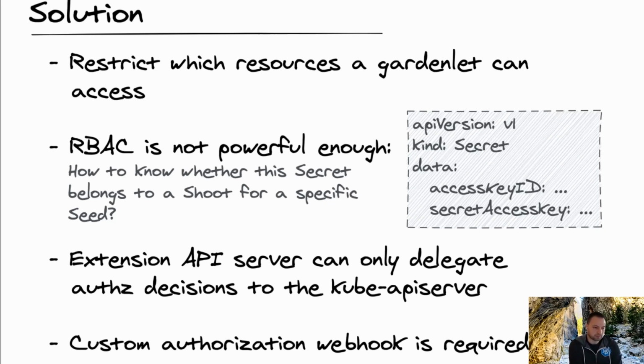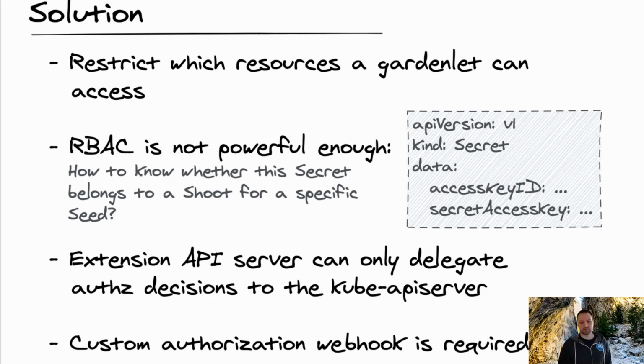So this resource relation is not obvious. So if you would want to use RBAC, it would mean that we would have to write a controller that is constantly and very frequently updating roles and role bindings. And this would result in significant write operations, and in the end to a lot of load on the API server and etcd. So RBAC is not really what we need and what we can do here.